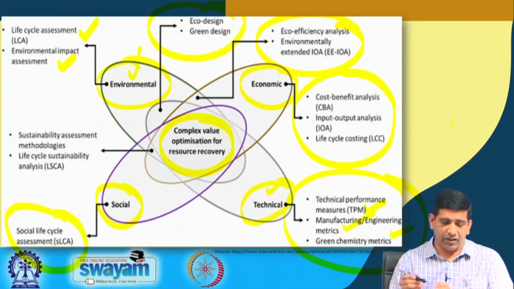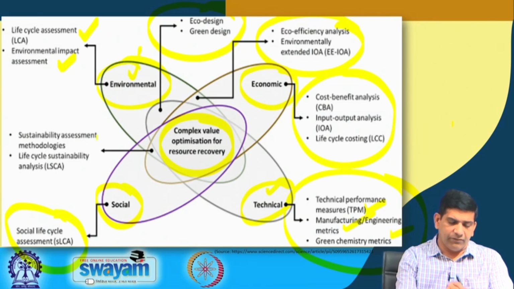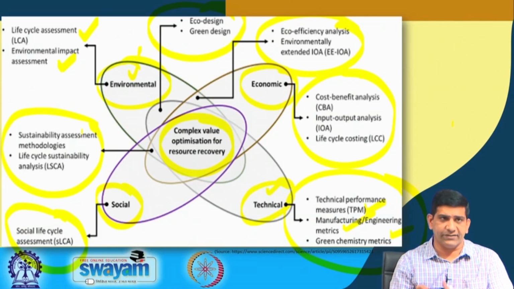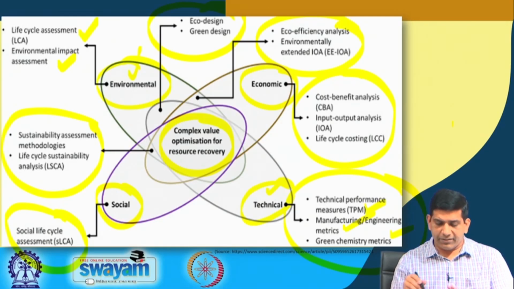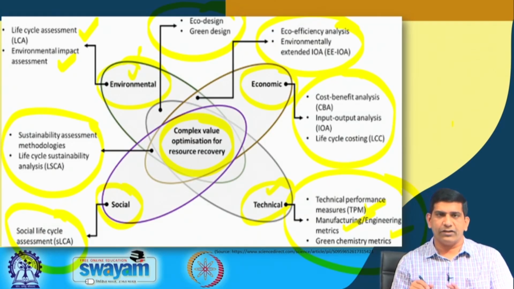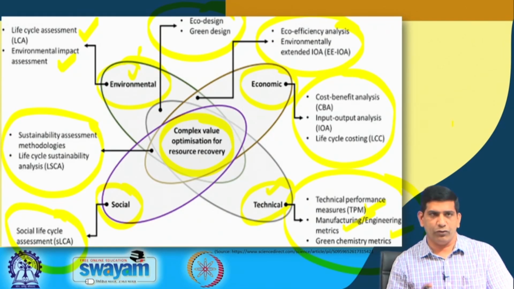In terms of environmental and social aspects, we have certain sustainability assessment methodologies, like life cycle sustainability analysis. That gives us social and environmental, and then technical, we talked about that. So, in general, these all lead to a complex value optimization problem for resource recovery. That is how things need to be put into perspective.